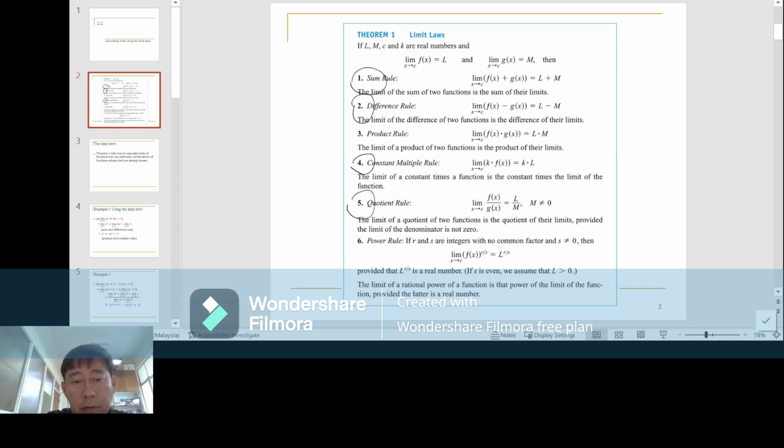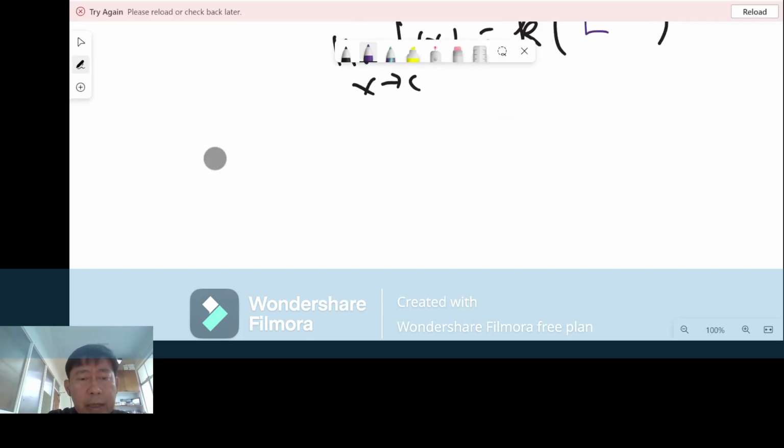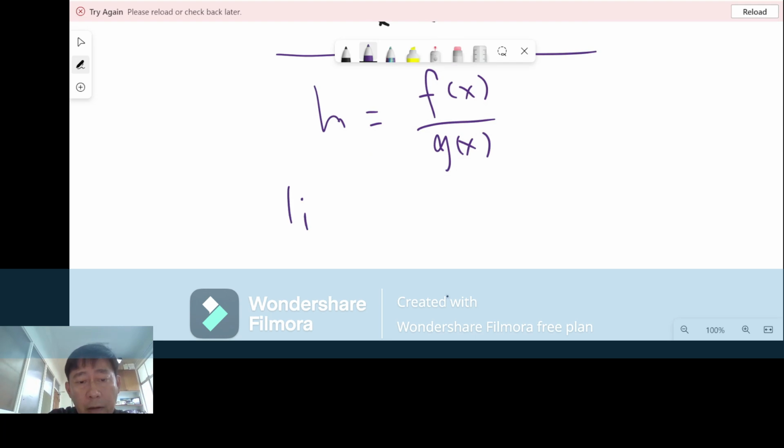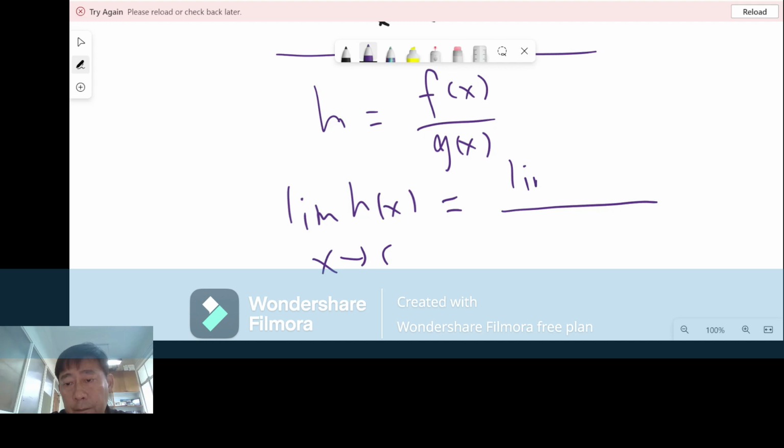Then you have the fifth item in theorem 1. It says that if you have a new function h which is defined to be the ratio of two functions f and g, then the limit of the function h as x tends towards c is the ratio of both limits of f and g separately.